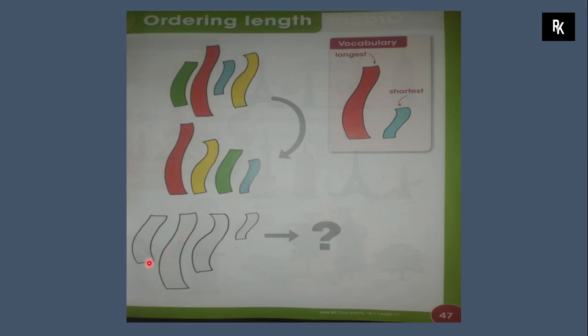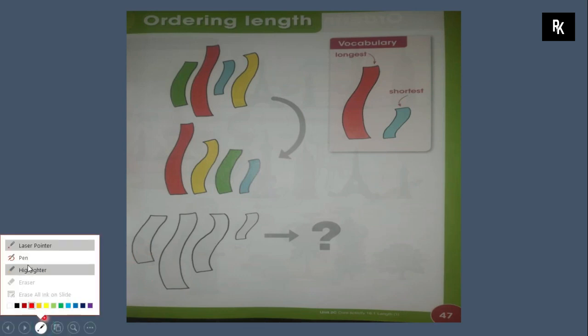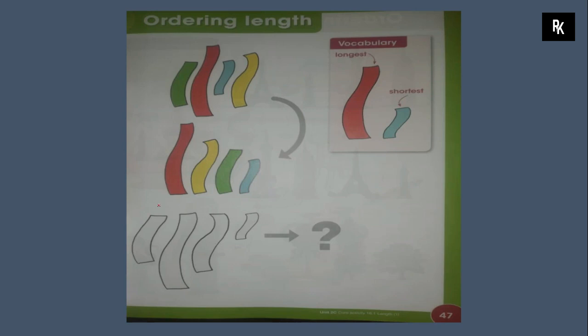Here is a question for you. You have to arrange these ribbons in their correct order. So we will arrange these ribbons in correct order from smallest to the longest.